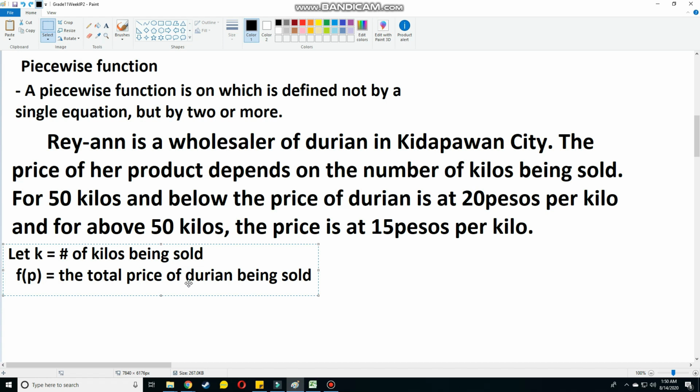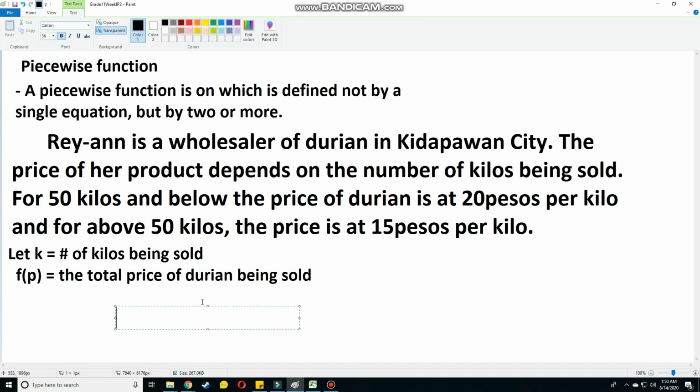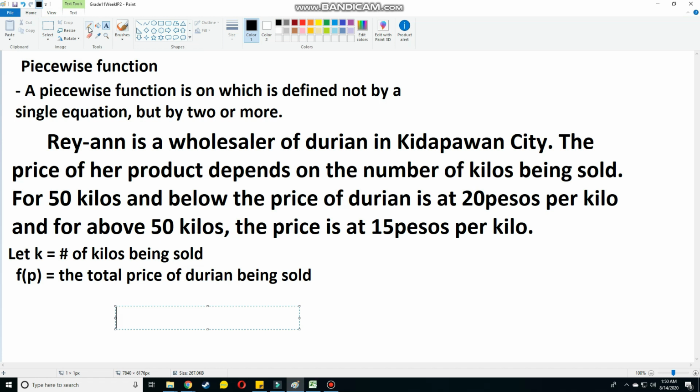Since this is the total price, this is our dependent variable. So now, let's have our function. As you can see, we would have two functions in this case because of this boundary. For 50 kilos and below, the price of durian is 20 pesos per kilo, and for above 50 kilos, the price is 15 pesos per kilo.